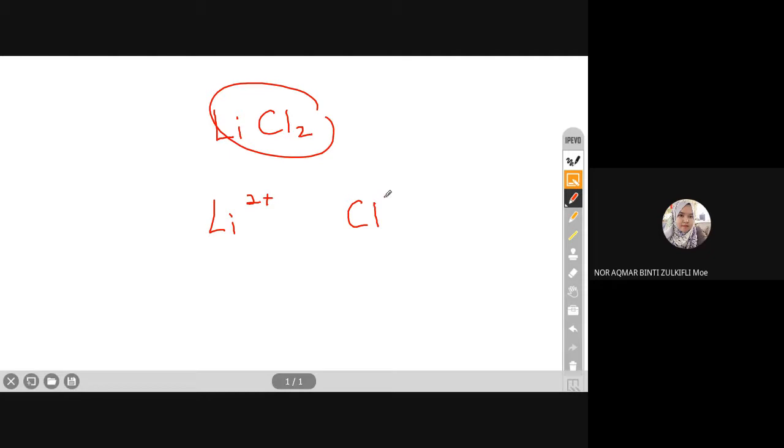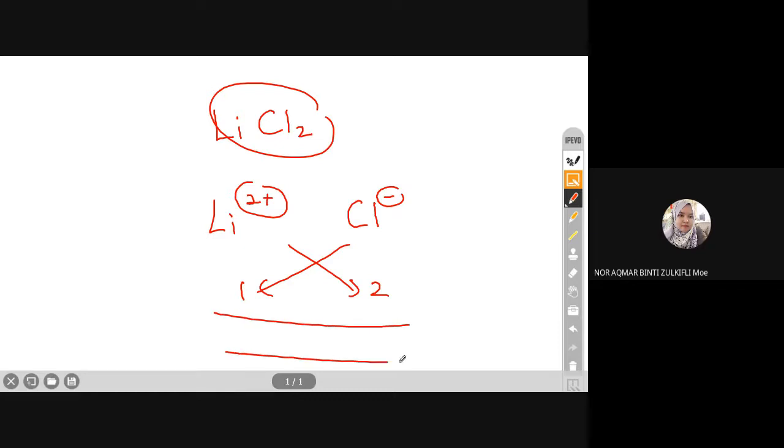Cl negative. So, cross change method. Okay, number 2 ini you tulis dekat bawah. 2. Negative 1 tulis di sini. So, the answer is Li. So, 1 right? Li 1 saja, tak payah tulis 1. Okay, Cl. Okay, ada 2 kan? So, Cl2. So, you dapat LiCl2. Okay, ini adalah cross change method.